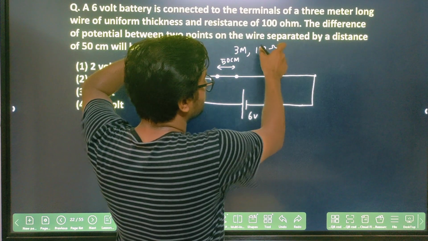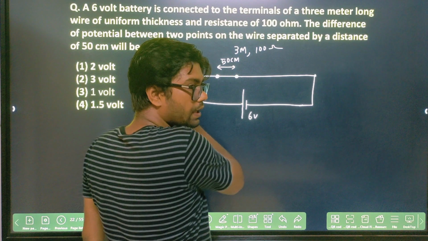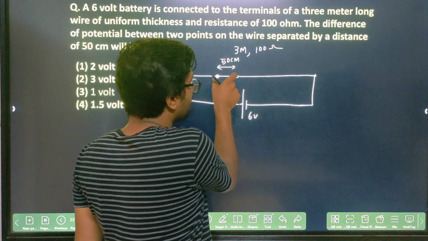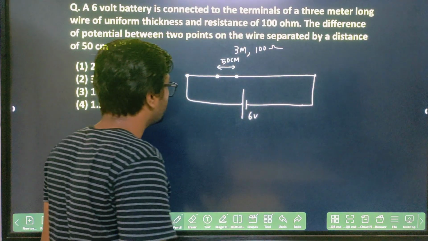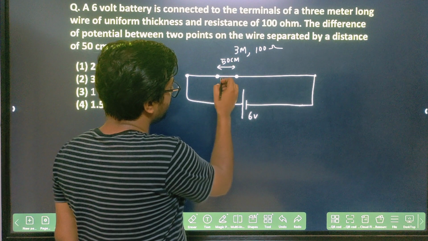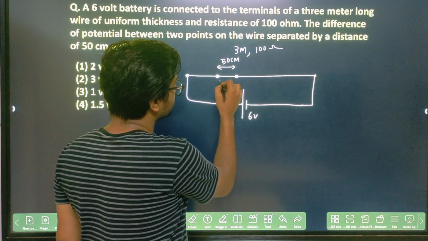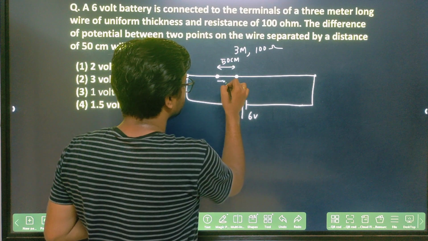It is a 3-meter long wire and it has 100 ohm resistance. For a 50 centimeter length of this wire, you have to find out how much potential drop there will be here. So first of all, to find out the potential drop, you have to find out how much resistance this portion actually has.